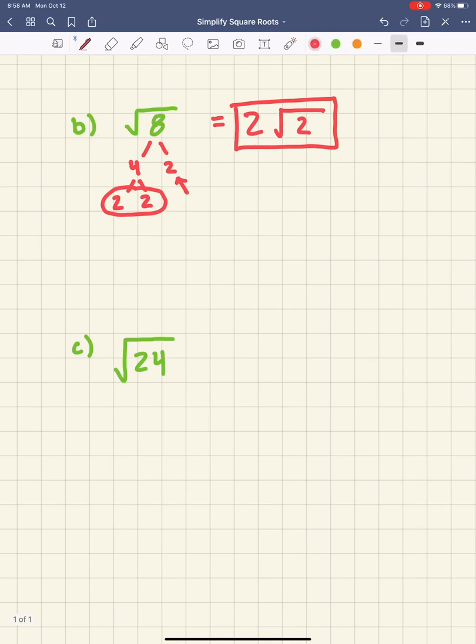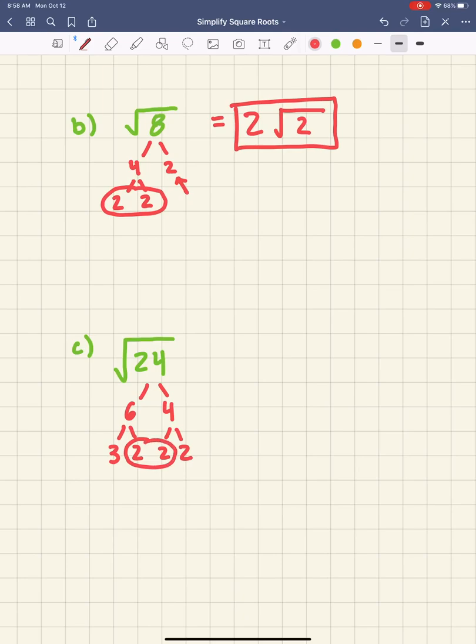Square root of 24. Same idea, what times what? There's different ways we can do this, and it doesn't matter which route you take. I'm going to go ahead and say, okay, I'm going to do 6 times 4. And then I'm going to say that's 3 times 2 and 2 times 2. Okay, and then I'm going to find some pairs here. I have a pair of 2's, right?